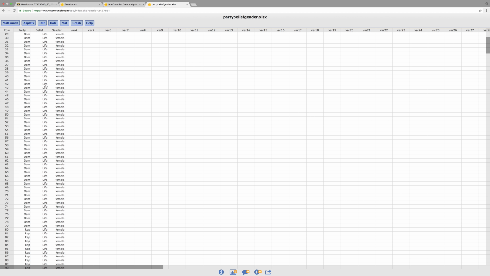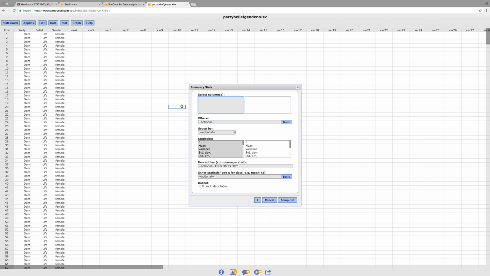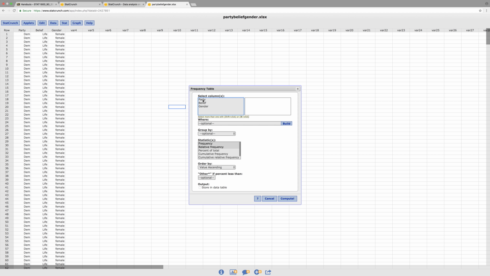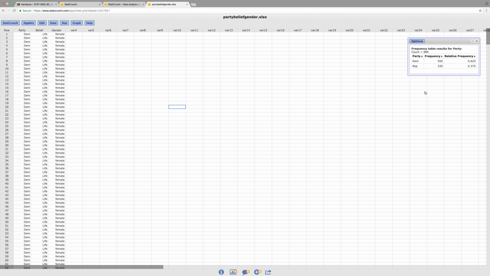So, guys, let's just take a look at some of this. If I wanted to go to stat, summary stat, and columns, well, I can't do that, can I? It's got to be quantitative. So, if I go to stat and go to table and do frequency, then I could put party in, and I could compute, and I can see that 550 of the 880 are Democrat and 330 are Republican.